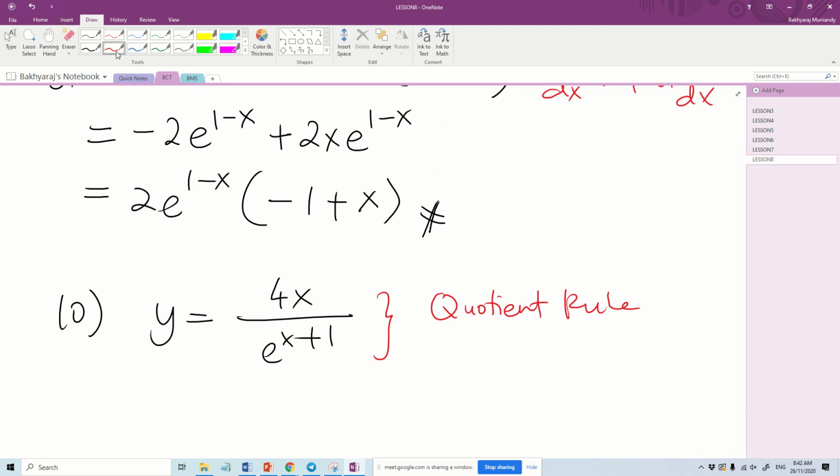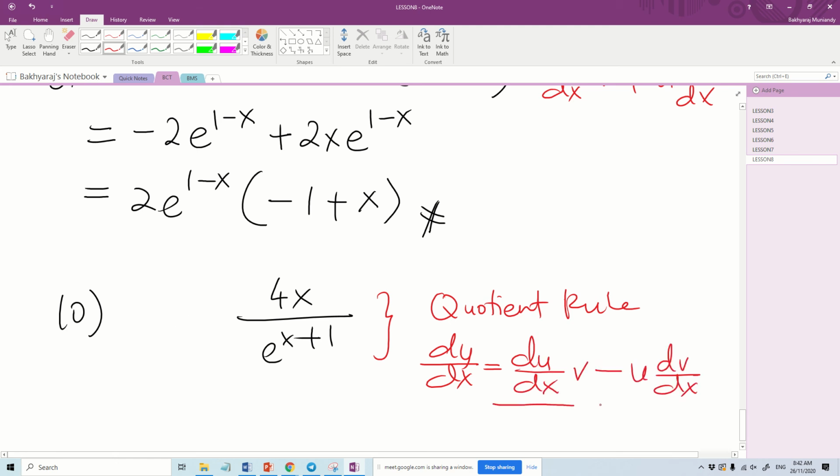So the quotient rule is dy/dx equals (du/dx times v minus u times dv/dx) over v squared. So get what is your u and v.